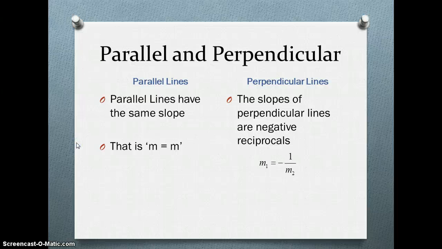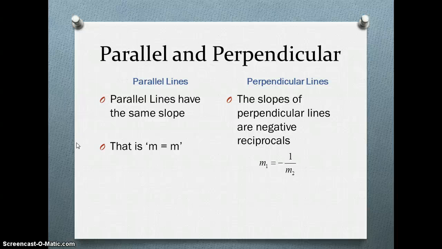And the last type of example that we'll see today is determining whether the two slopes are of parallel lines or perpendicular lines. Parallel lines are typically the easiest to identify because parallel lines have the same slope. What that means is their m equals m.